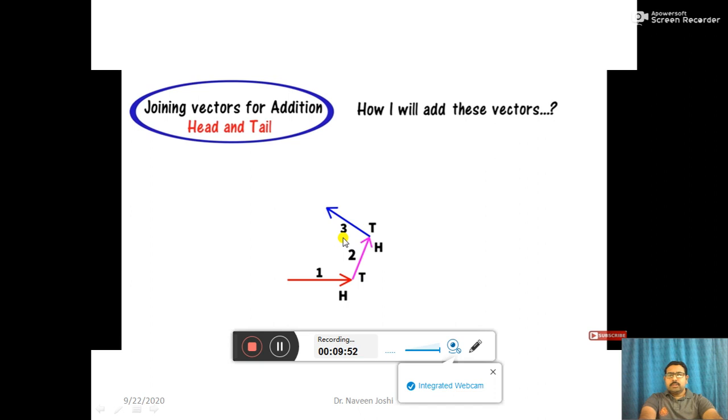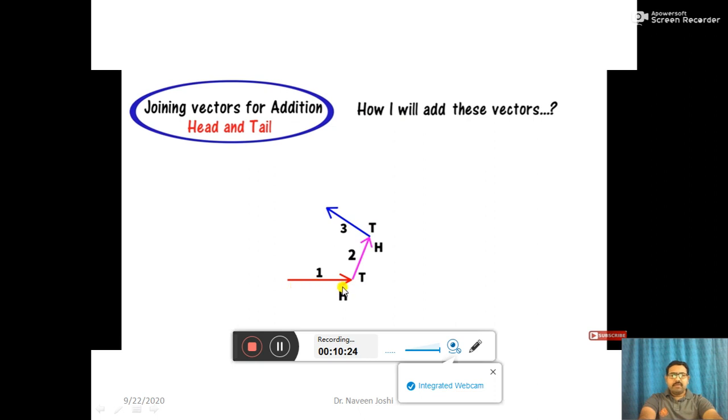Then joining vectors for addition, head and tail. The triangle law is telling that we are adding head and tail. So the head of one vector we are joining with the tail of another vector. If you see, first we write vector 1, represented by red color.